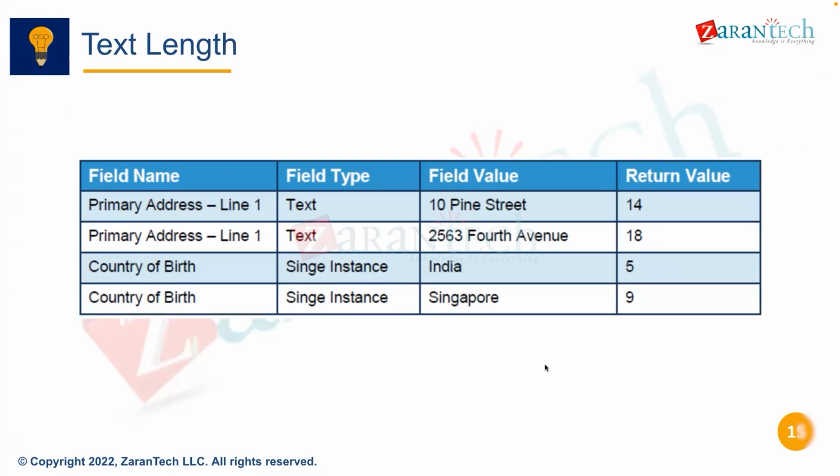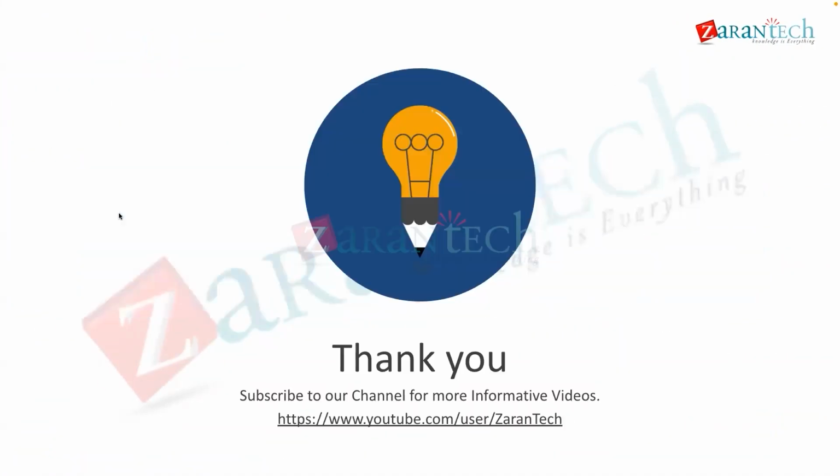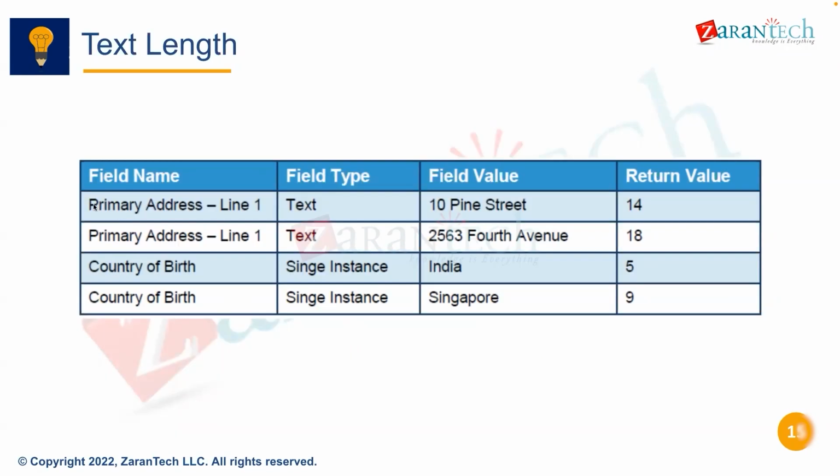So as you're seeing over here as well, this is the primary address line 1 with a value of 10 Pine Street. So how many characters with spaces does this have? The length is 14 here. Then the next one is this one, the 18.